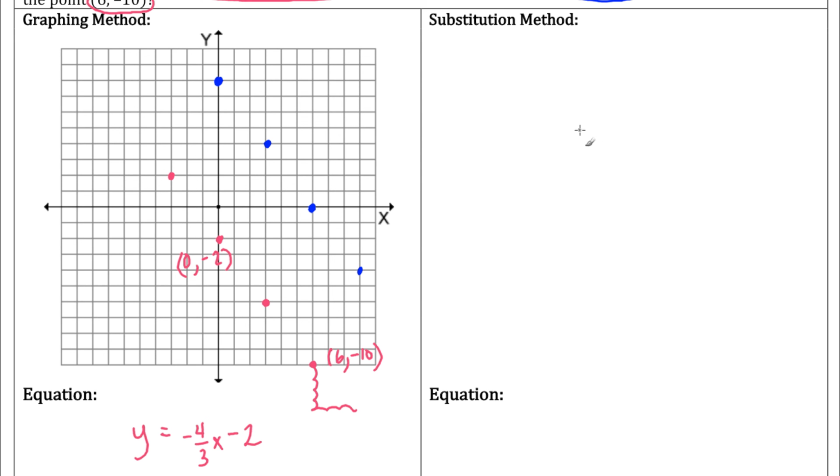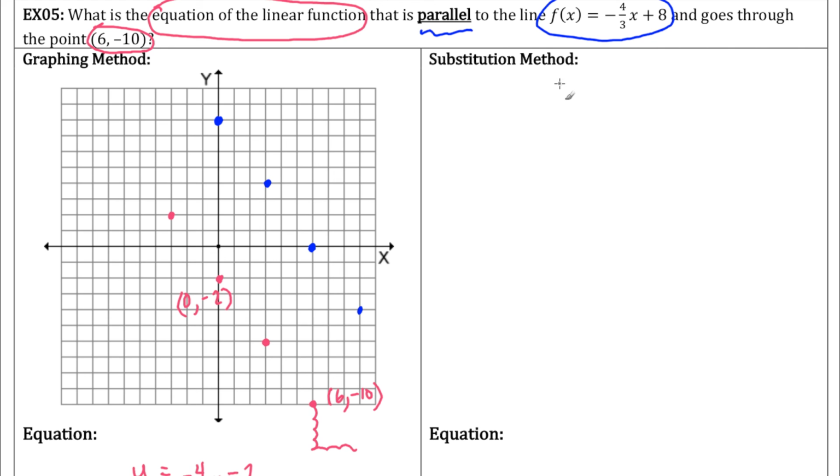Okay, so what if we didn't have this graph? Well, let's find out. So we would have y equals mx plus b. Remember that we want to keep the same slope. But we want to use this point, 6, negative 10.